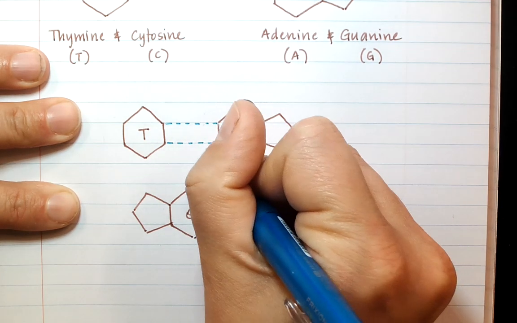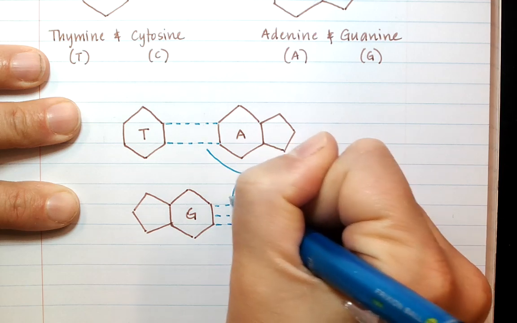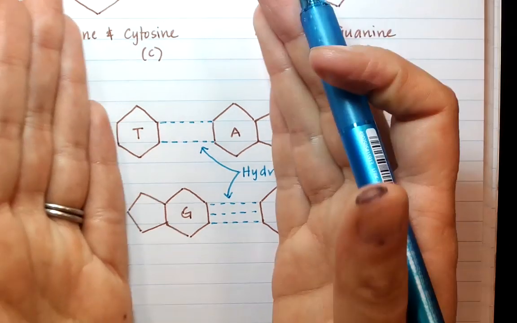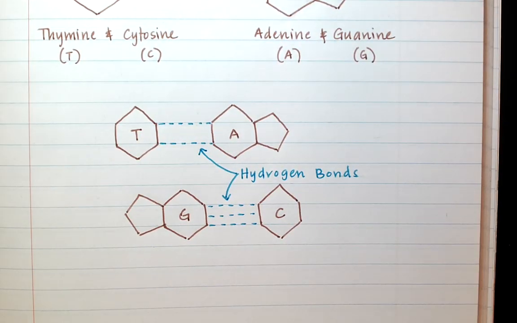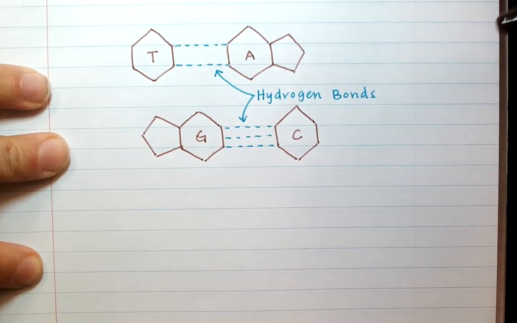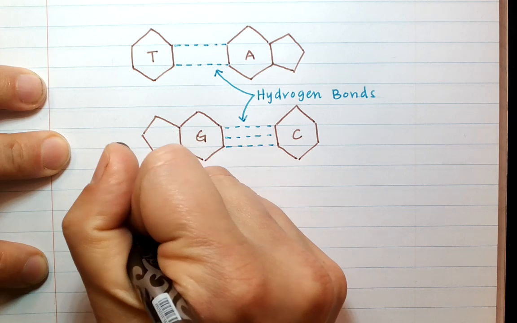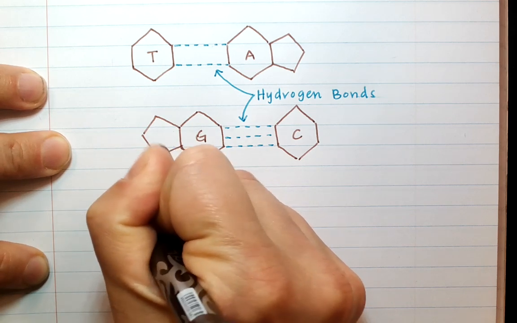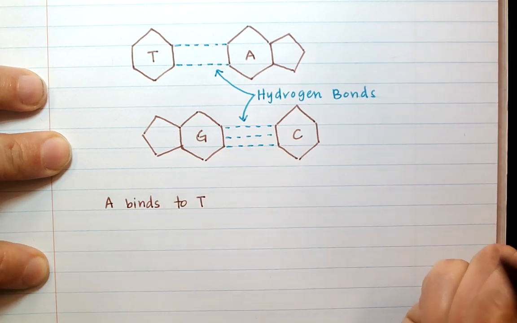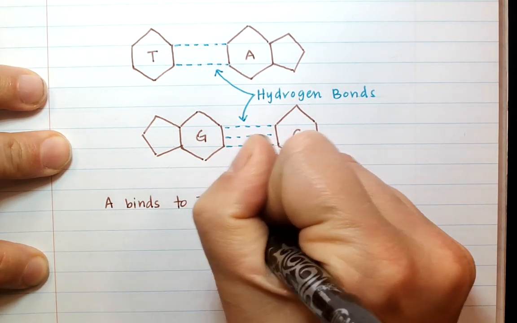And hydrogen bonds are pretty weak, which means that they can actually break apart, which will allow the strands to actually separate. Now let's make a note on here so that we can remember how this works. So first of all, A binds to T with 2 hydrogen bonds.